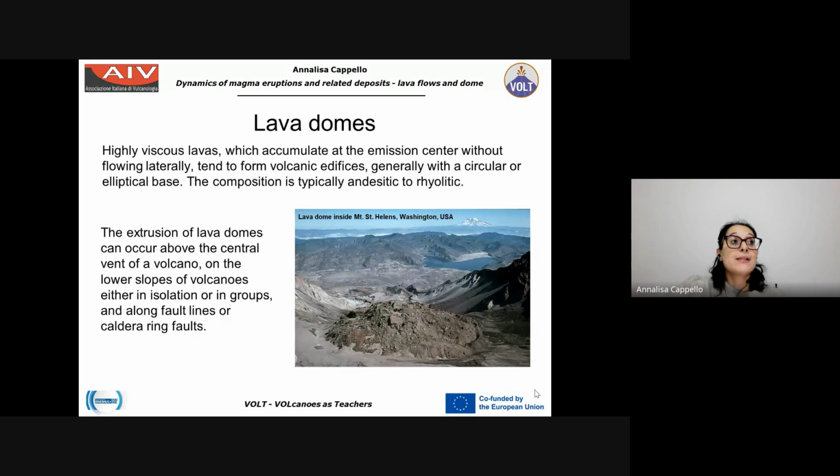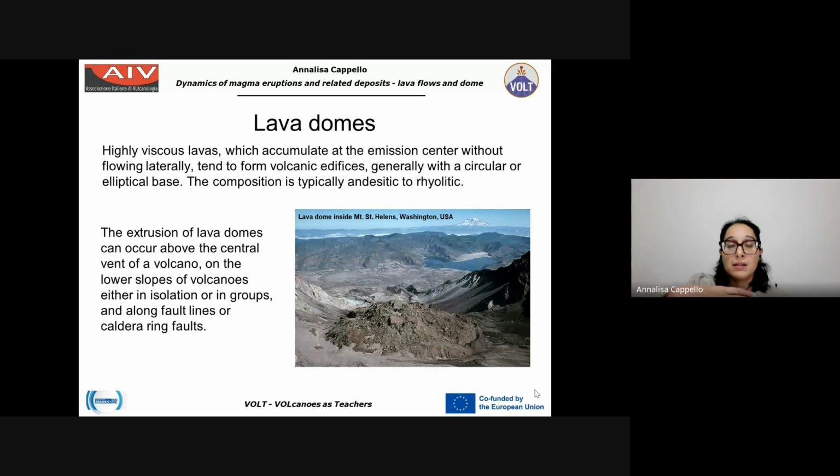So what happens is that the gas accumulates and can influence the rupture process of the lava domes. Moreover, if the lava domes grow very quickly, they can become structurally very unstable.